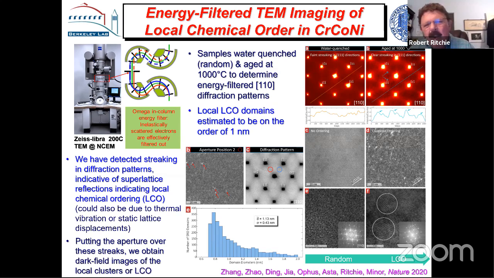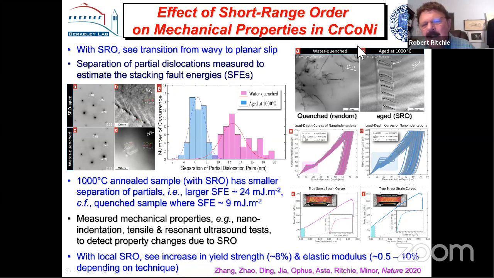That's question number one. Question number two is, is it relevant to the mechanical properties as the modeling would suggest? Well, we do see a change in slip mode. In the random solutions with quenched, we see wavy slip. We tend to see planar slip in the aged structures, and nothing's changed here. It's all single phase and so forth, which is indicative of the presence of short range order.